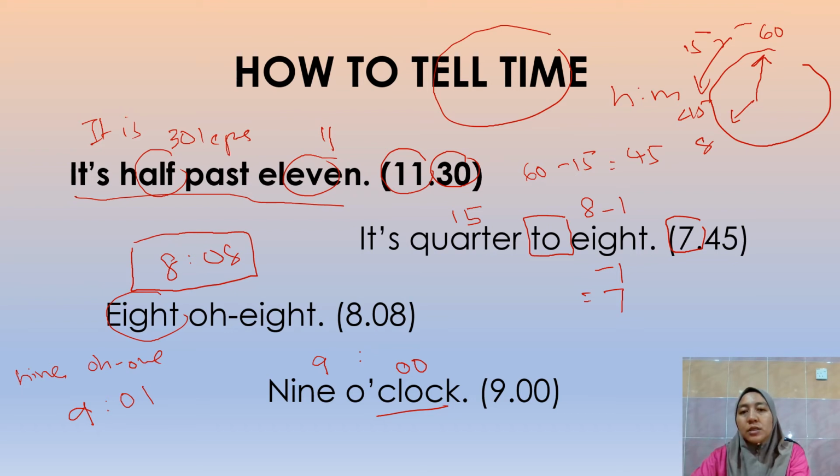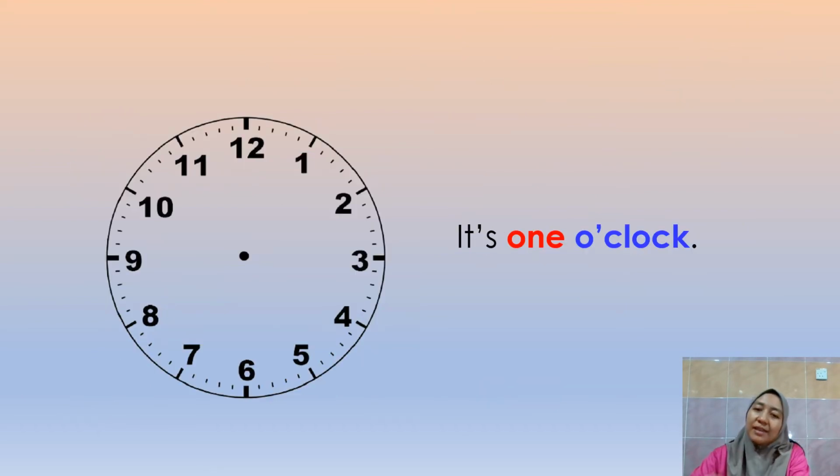Okay. Next we look at this slide. Okay, so this is example, example how to read time. So kita tengok first example. Okay, it's 1 o'clock. Nampak tak macam saya cakap tadi, 1 o'clock. So kalau 1 o'clock tadi maksudnya 00. Ini ialah minit punya tangan, minute hand. Saya warnakan ya.